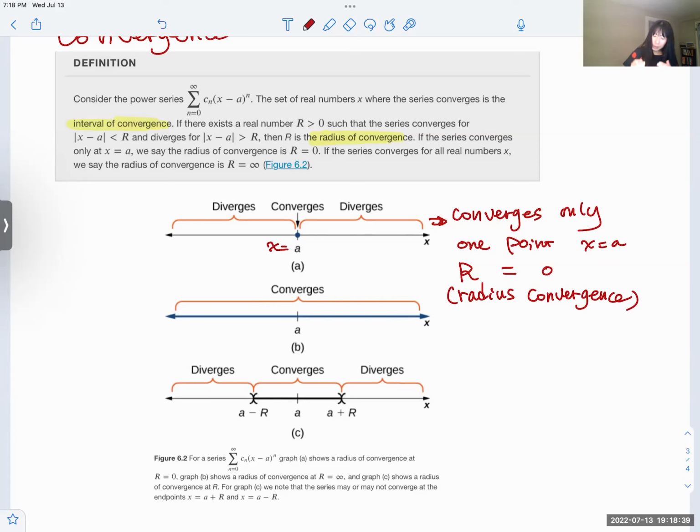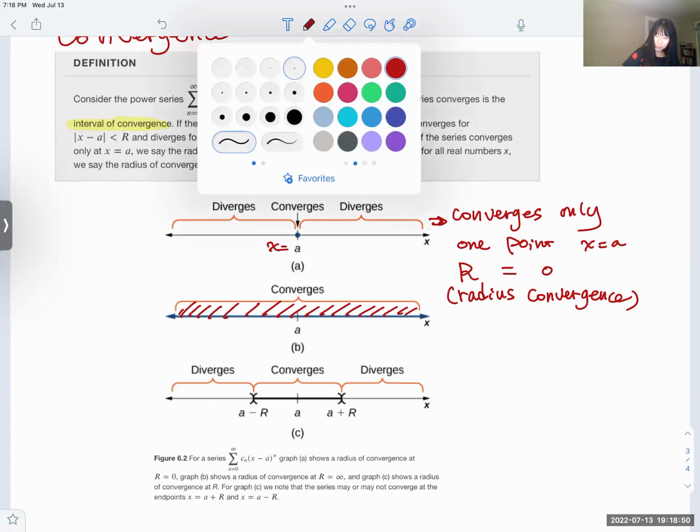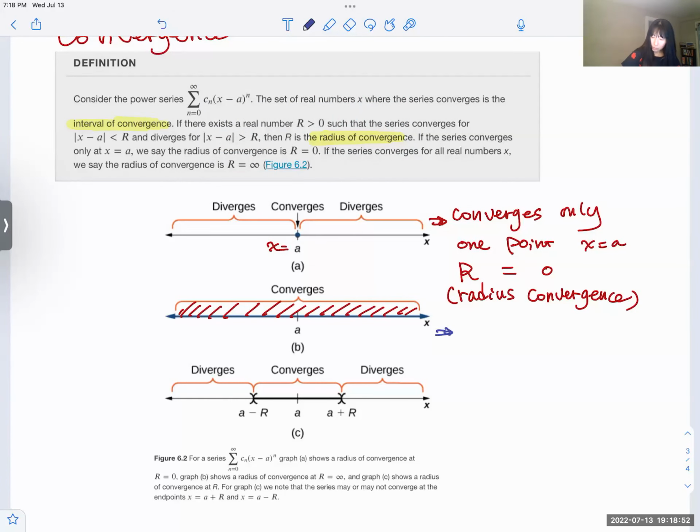Then the second picture says the series converges everywhere on the number line, right? So this means it converges everywhere. Then they give us R equal to infinity. This means the radius of convergence is infinity.